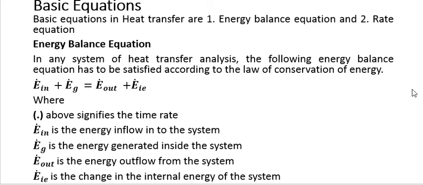Time rate should be considered, which means energy inlet, energy generated, energy outlet and internal energy per unit time should be considered in the expression. This is about the energy balance expression.